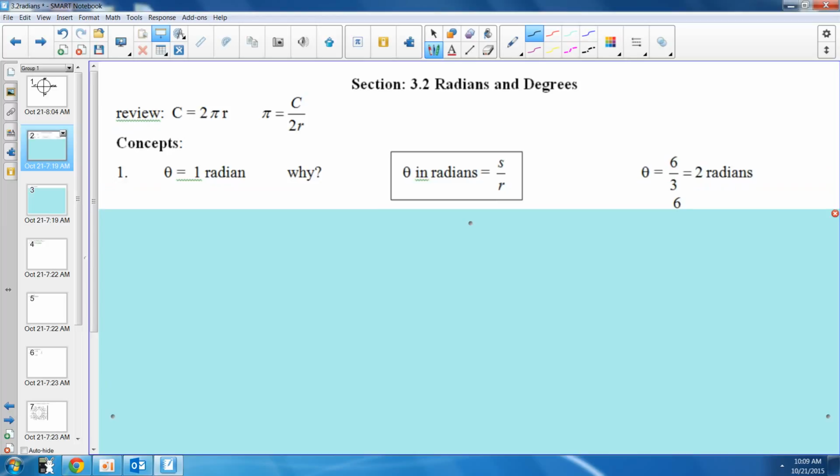In this part, you're going to see that the main definition is right here. And the main definition for theta in radians is s divided by r. And s refers to arc length, and your r refers to a radius.